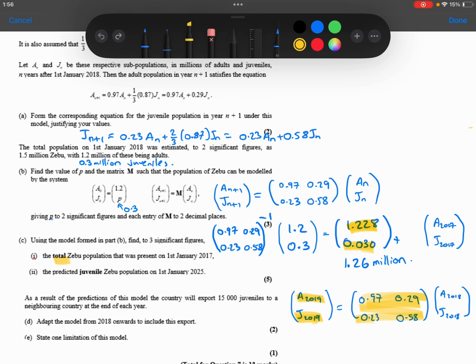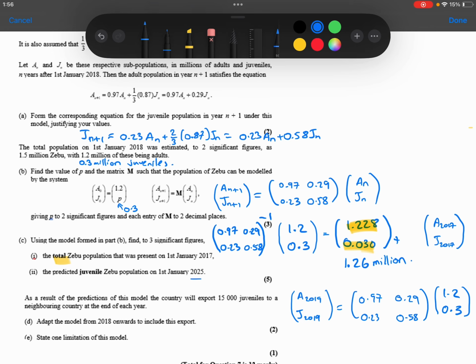We were told that in the question. We know that the adult population in 2018 was 1.2. The juvenile population in 2018 was 0.3. So that calculation would tell me what it is in 2019. But we don't want it in 2019, we want it in 2025.